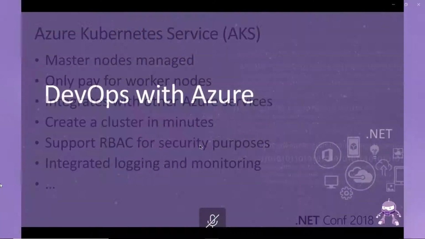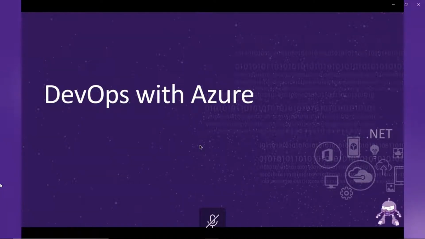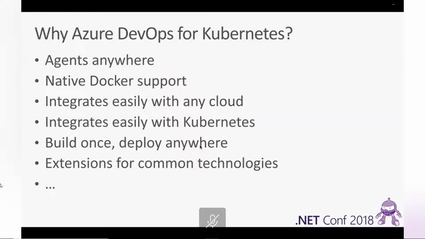So let's keep moving. How would you do DevOps with Azure? Well, now you have the Azure DevOps product, which was previously named VSTS. The good thing for Kubernetes is that you can have agents anywhere, and I'm going to explain why that is good in the demo.